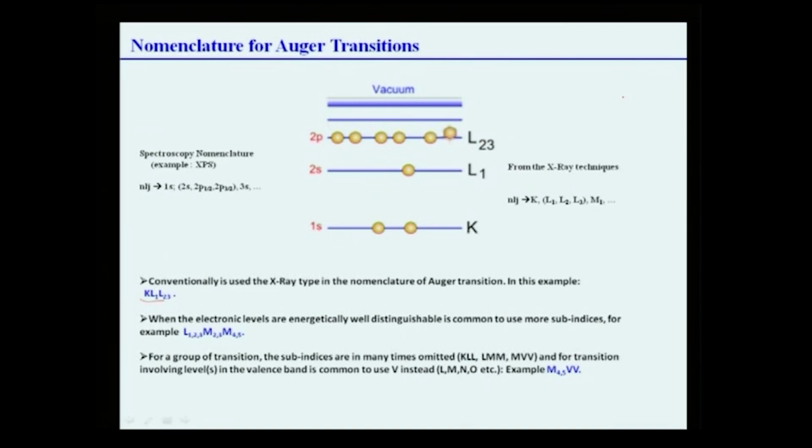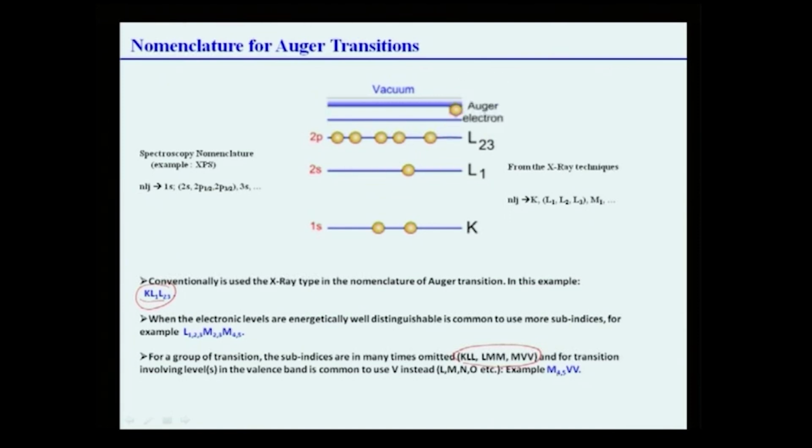When electronic levels are energetically well distinguishable, it is common to use sub-indices like L1, 2, 3, M2,3, M4,5. Very well distinguished atoms can be done that way. For a group of transitions, sub-indices are many times omitted, like KLL, KMM, MVV, or for transitions involving levels in the valence band, V is commonly used instead of L, M, and O, P, for example M4,5 V. But normally we use this or this; other things are not extensively used.